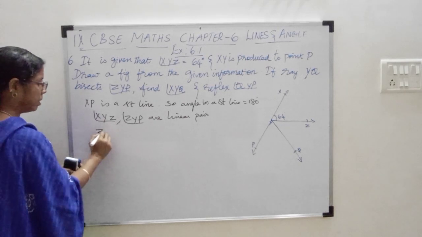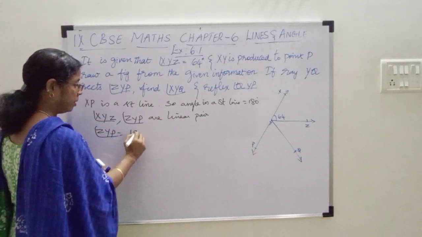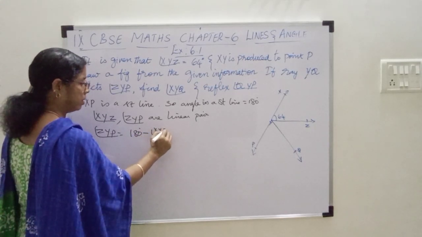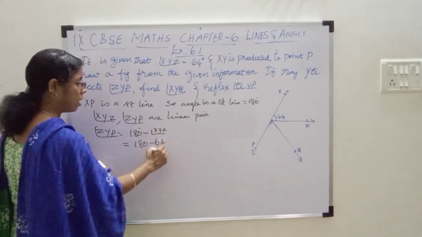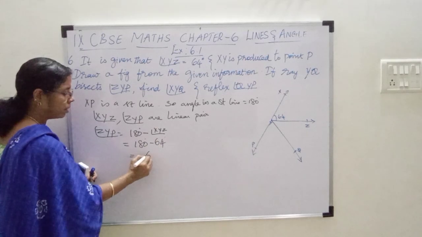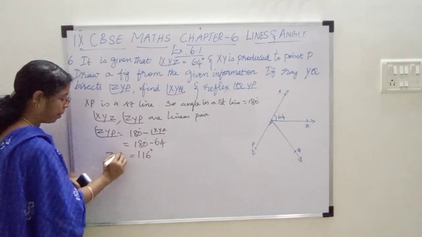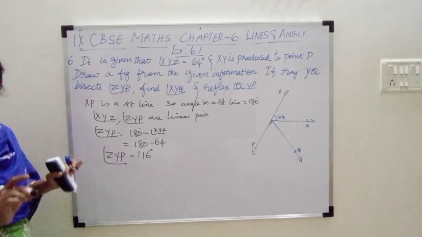So from this, angle ZYP will be equal to 180 minus angle XYZ. That is 180 minus 64. That is 10 minus 4 is 6, 7 minus 6 is 1. So angle ZYP is equal to 116.